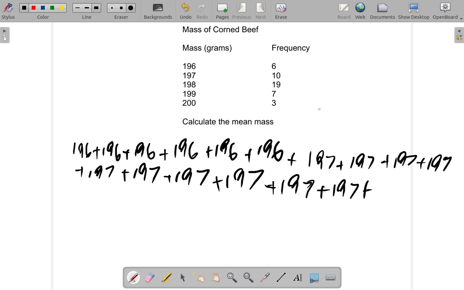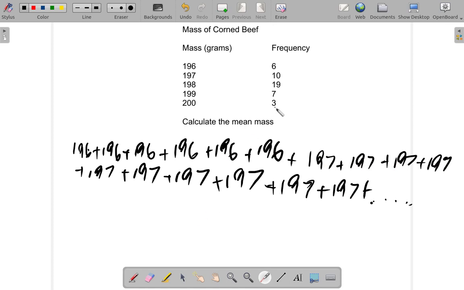So you get the point. It goes on and on. If you have the time, you could write the 198 19 times. Then you would have 7 199 grams and then 3 200 grams. And if you should add them and divide by the number, you would have 196 plus 196 plus 196 and so on, then 197 plus 197 and on and on like that.